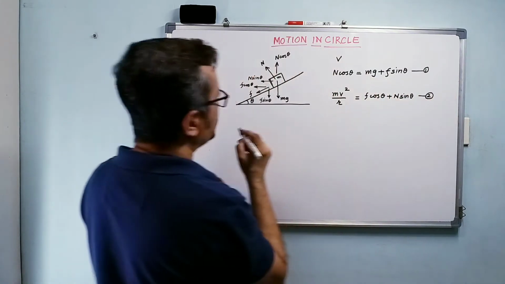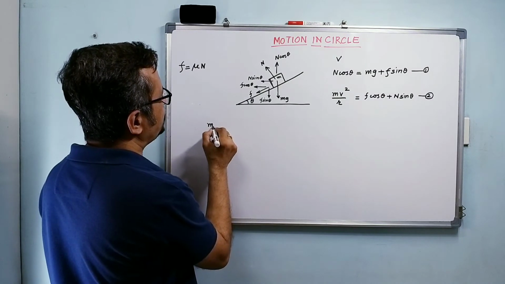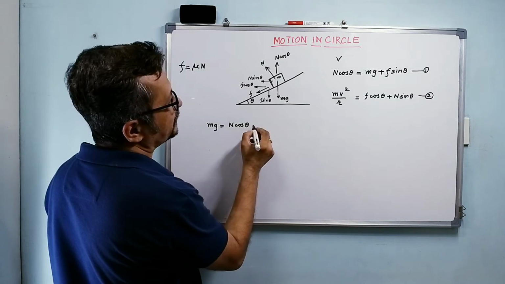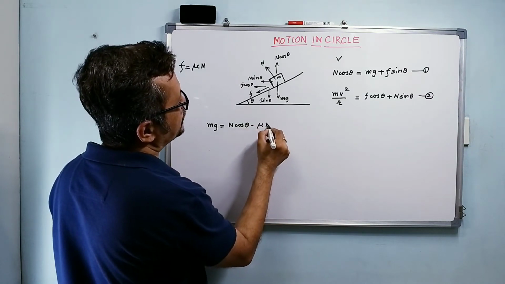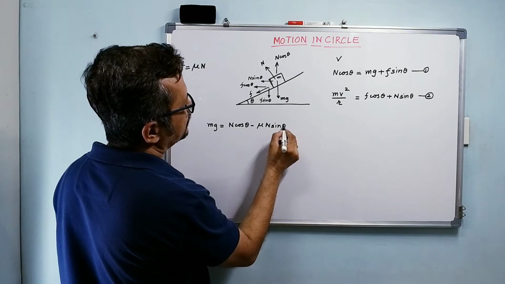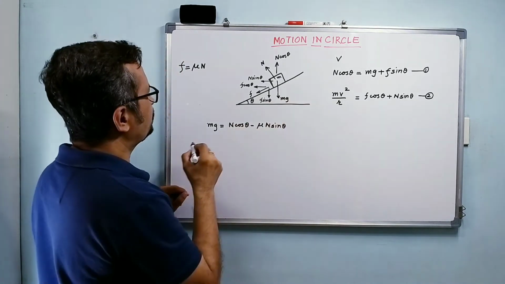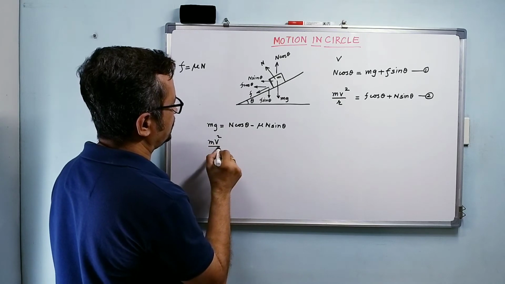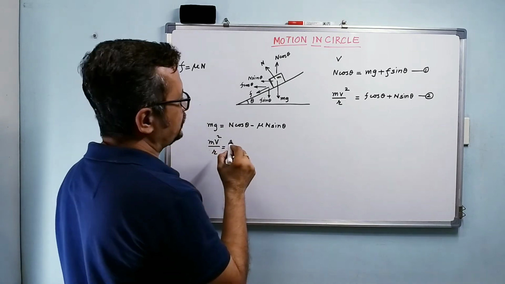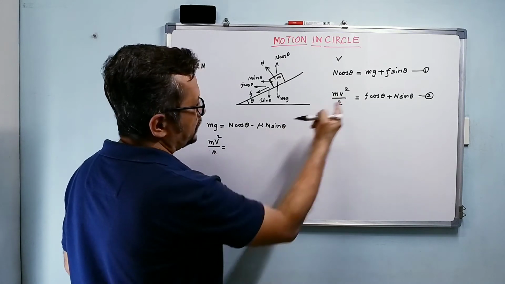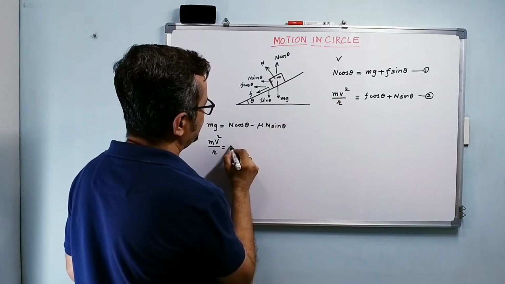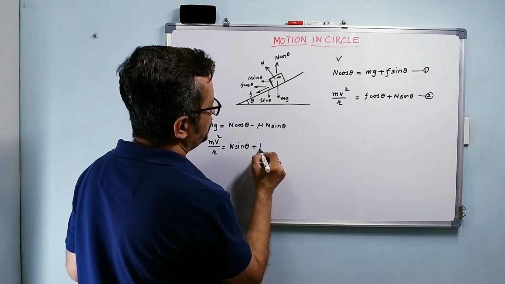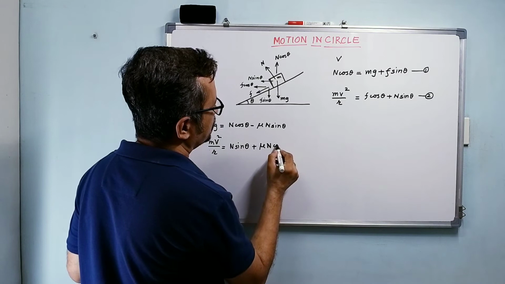This one I am going to write here as mg is equal to N cos theta minus mu N sin theta, and mv square upon r is equal to N sin theta plus mu N cos theta.